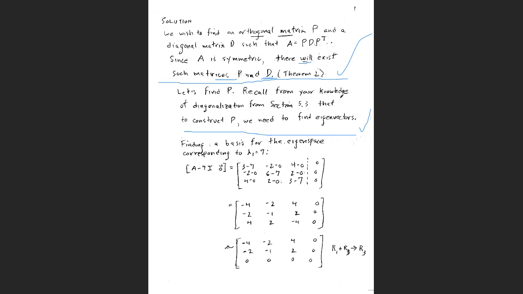First, we have to find a basis for the eigenspace corresponding to lambda 1 equals 7. So I set up the augmented matrix. And remember, class, when you're finding eigenvectors, you have to have a 0 vector included in your augmented matrix.